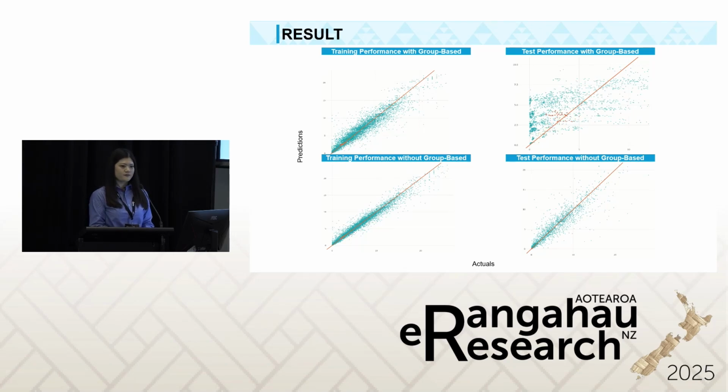And here are some plots showing more details of the models' performance. The models with group-based resampling are shown on the top two plots, and the bottom two are without. The training performance is on the left, and the test performance is on the right. And these are predictions versus actuals plots.